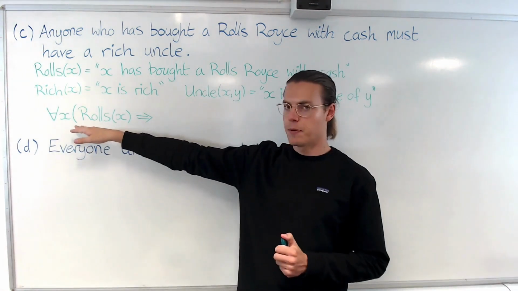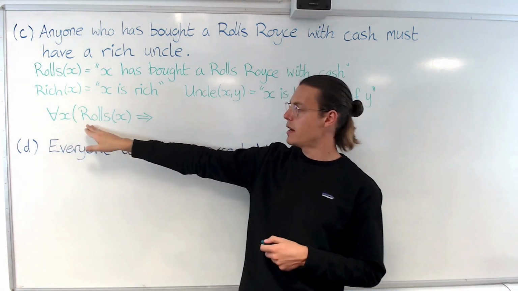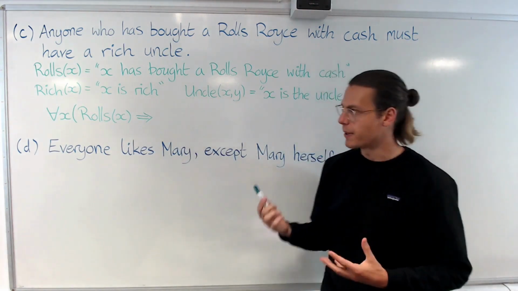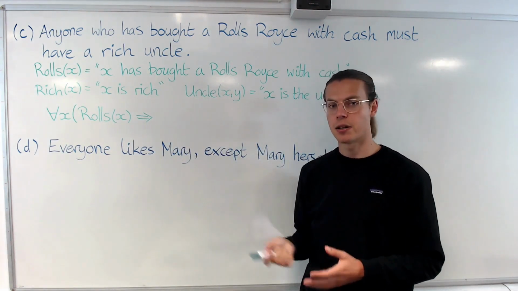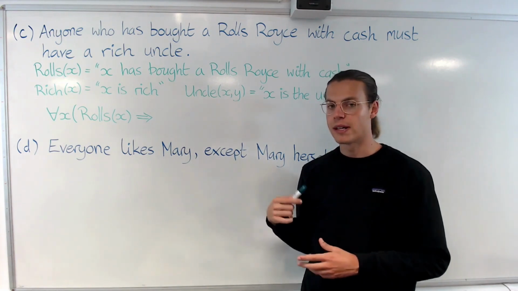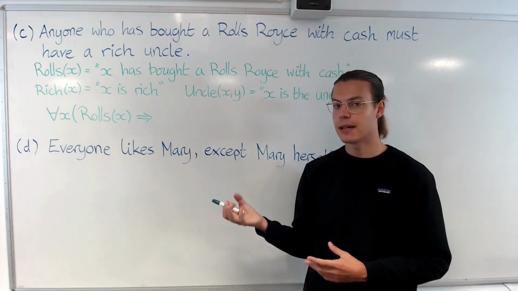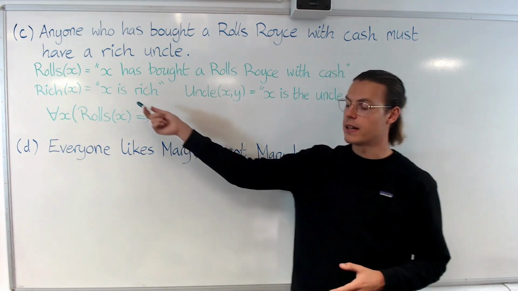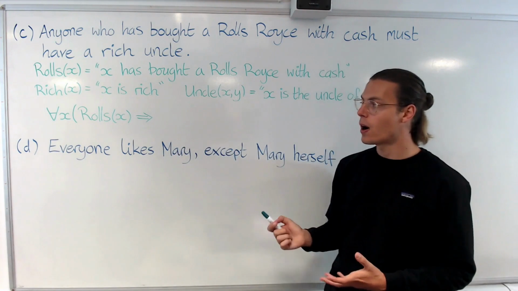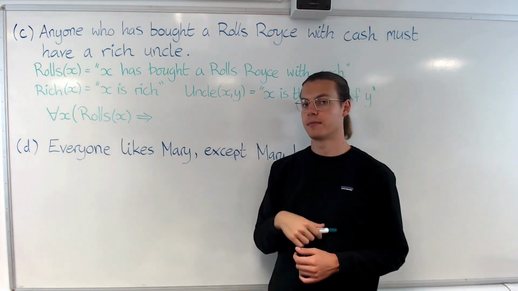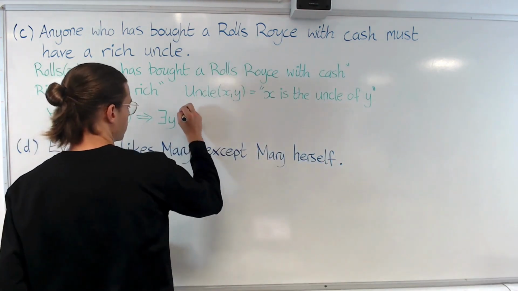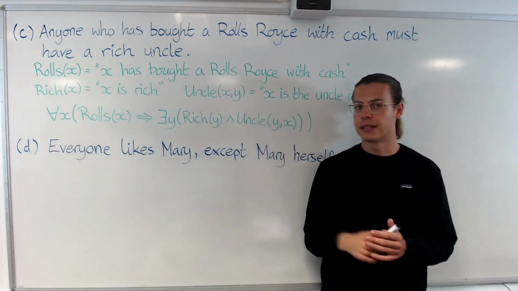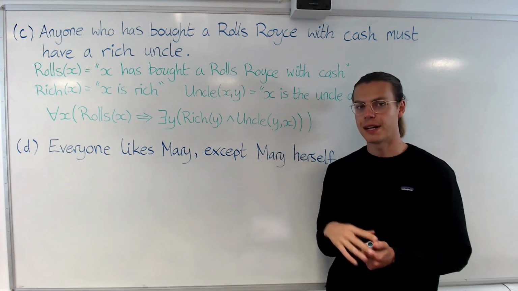We'll start the statement with for any X, if Rolls(X), then, and now we want to express the statement X has a rich uncle. One way we can say that is there is a person Y such that Y is rich and Y is the uncle of X, making sure to get the variables in the right order in our predicate.